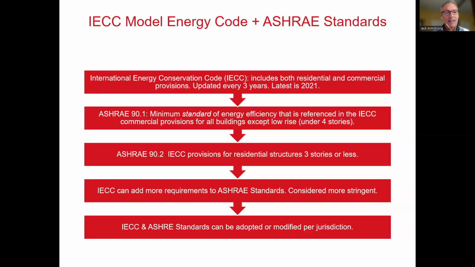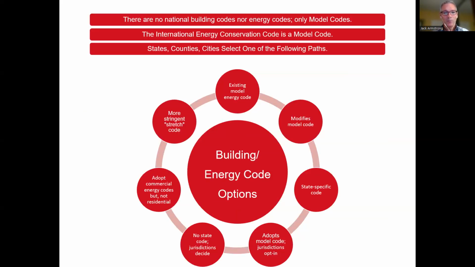And lastly, the standards can be adopted and modified by any particular jurisdiction. So what that means is a state can adopt portions of them, a city, a county. So it's not always adopted in the complete fashion with which it was offered as a model code.